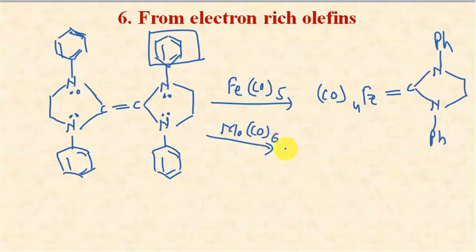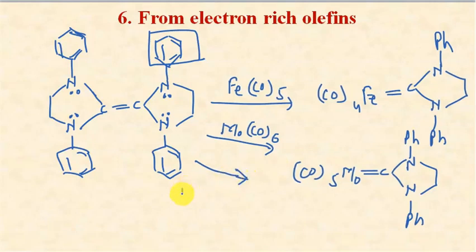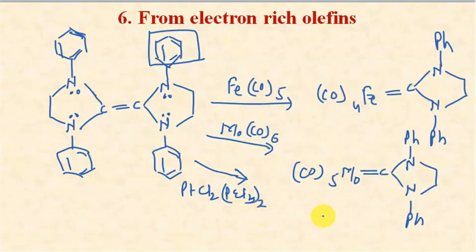Another example is of Mo(CO)6, molybdenum hexacarbonyl. In this case we will have the compound (CO)5Mo double bond carbon. Here we have nitrogen, nitrogen, as usual the complete substituent, and Ph means here we have phenyl substituents. We can also use the complex PtCl2 and triethylphosphine. So this is a square planar compound, and this will give rise to the complex with triethylphosphine.